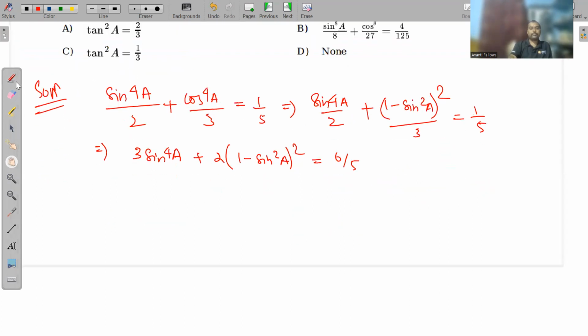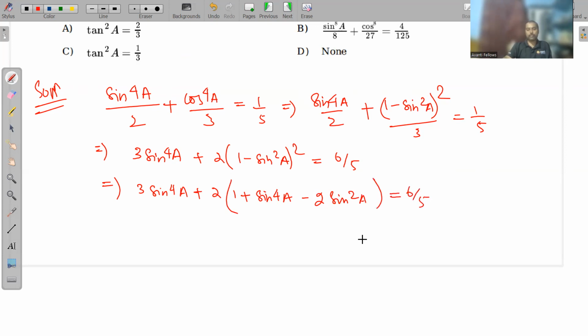If you open this bracket, it becomes 1 plus sin की power 4a minus 2 sin square a, which is equal to 6 upon 5.